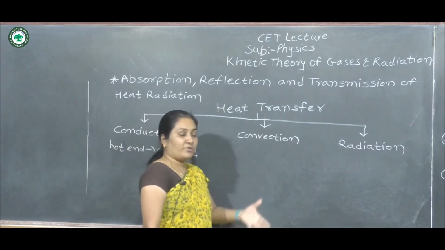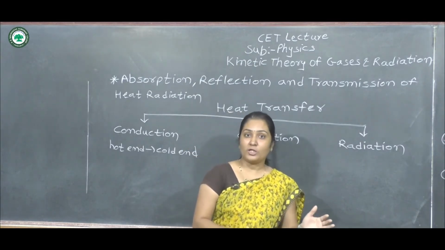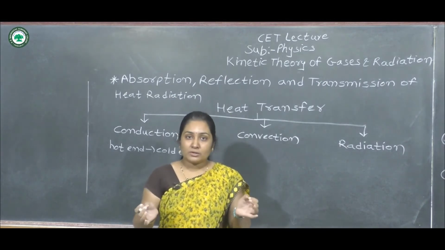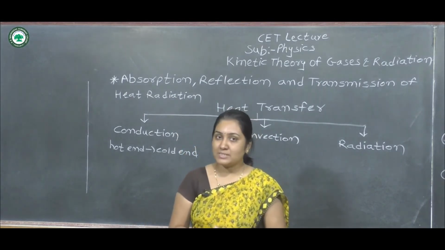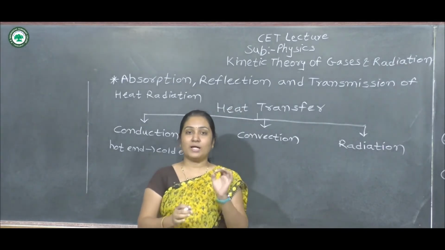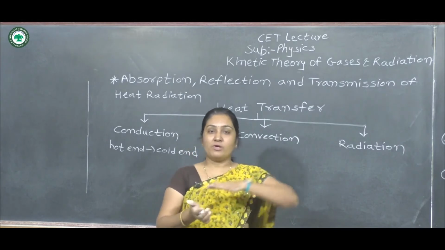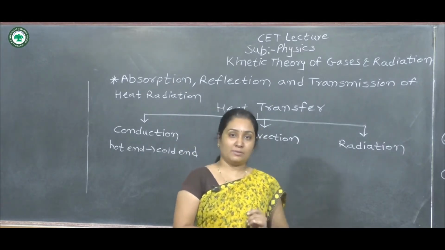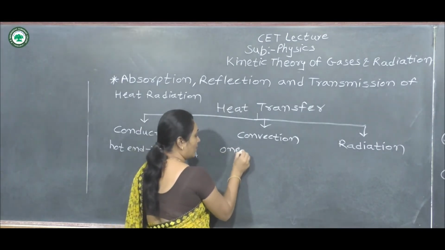In case of convection, heat is transferred from one molecule to another molecule without the transfer of their mean position. That means molecules don't leave their mean position, only heat is transferred from one molecule to its neighbor, and from its neighbor to another molecule.